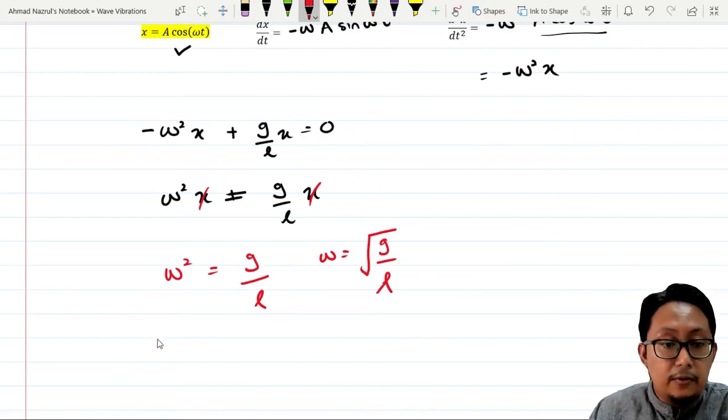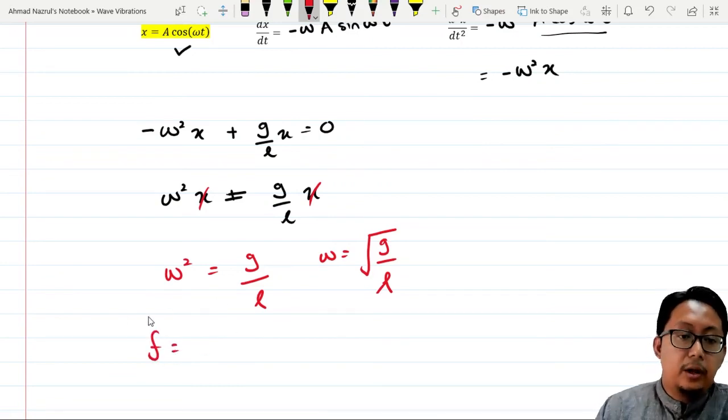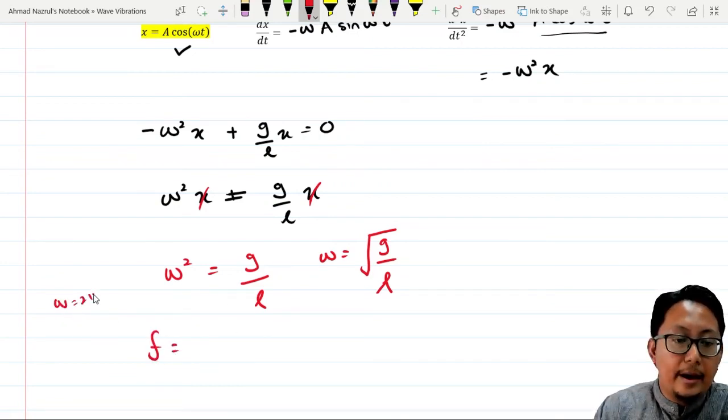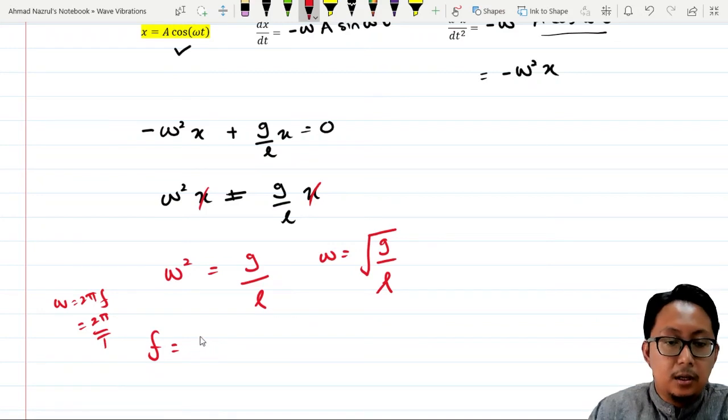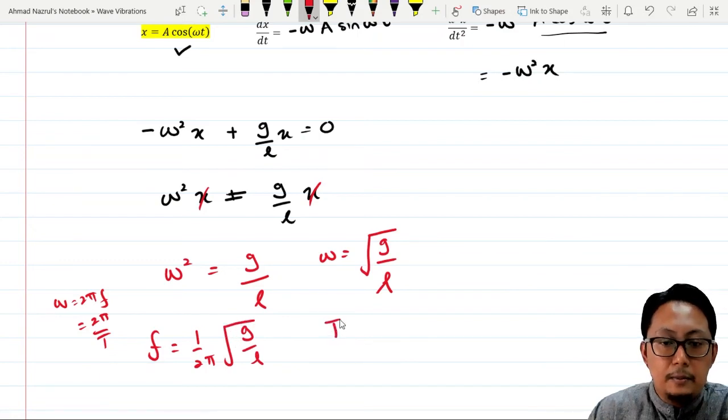Again, to find the frequency, we know that omega is equal to 2 pi f, or 2 pi over T, the period. So the frequency itself is 1 over 2 pi times the square root of g over L, and the period is 2 pi times the square root of L over g.